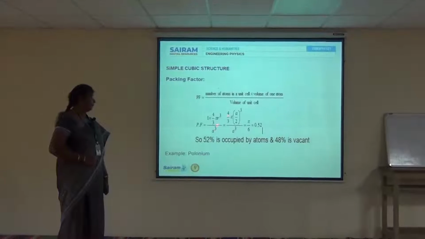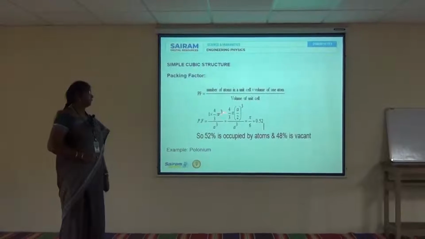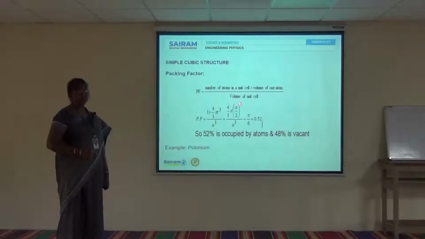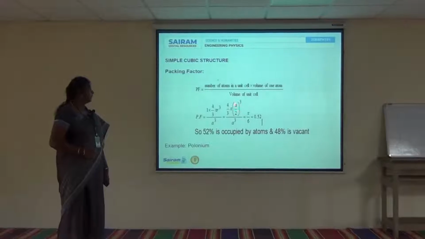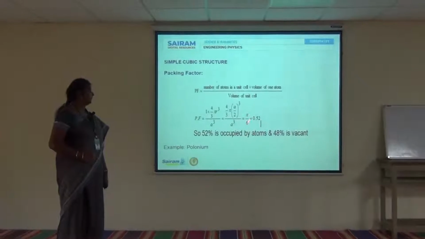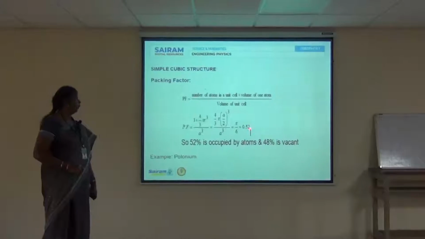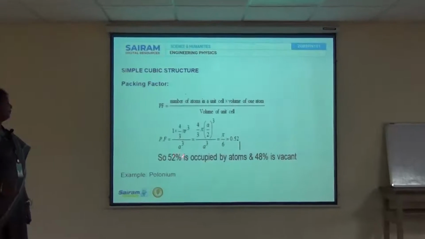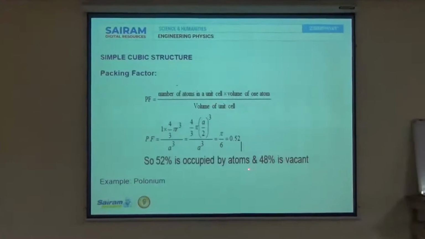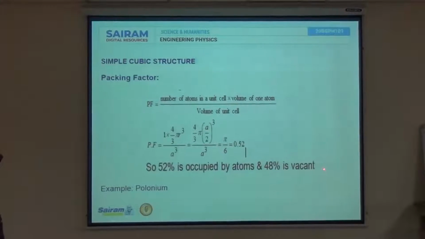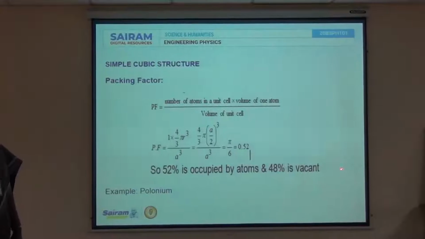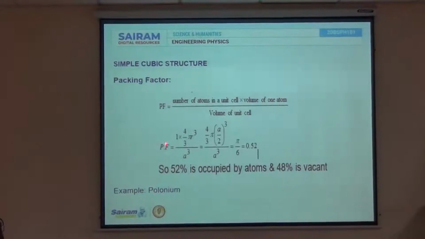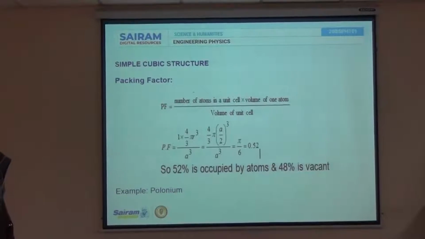We found the relation between r and a: r is a by 2. On solving, you will get pi by 6, that is 0.52. What we understand here is that 52% is occupied by atoms and the remaining 48% is vacant. The only element that has a simple cubic structure is polonium.